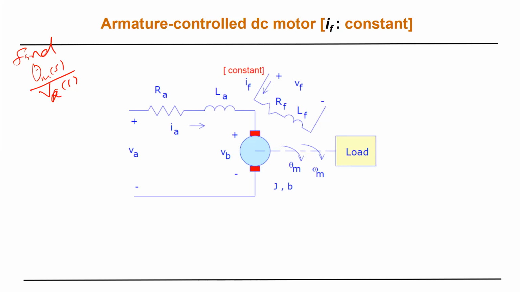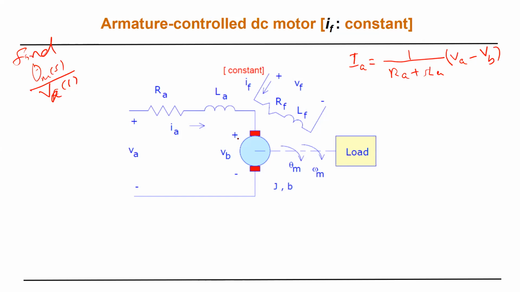IA equals what? IA equals 1 over RA plus S LA, times VA minus VB. Exactly. Look, just apply KVL here. Mesh: RA IA plus S LA IA plus VB equals VA.